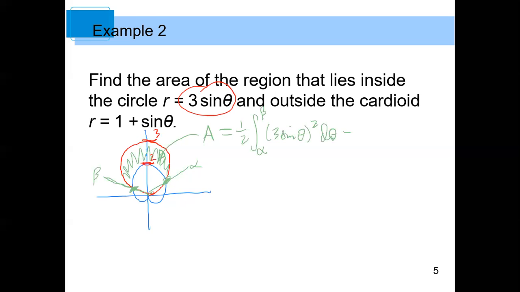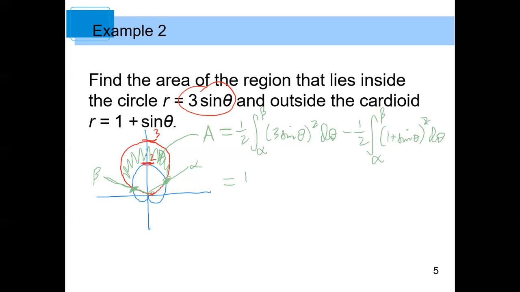Then I would subtract the area inside the cardioid between those two angles. So it'd be minus 1/2 integral from alpha to beta of r squared again, where r in this case is 1 plus sine of theta, squared, d theta. Do you see what I'm saying here?